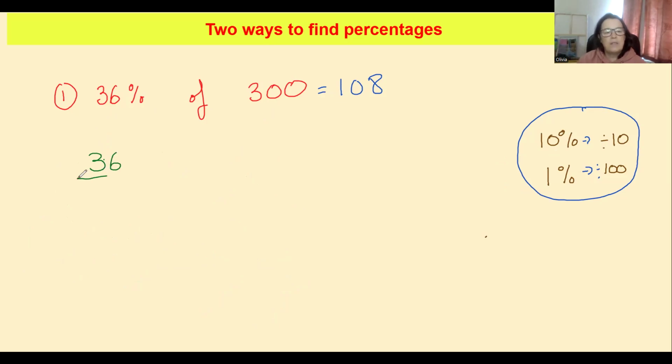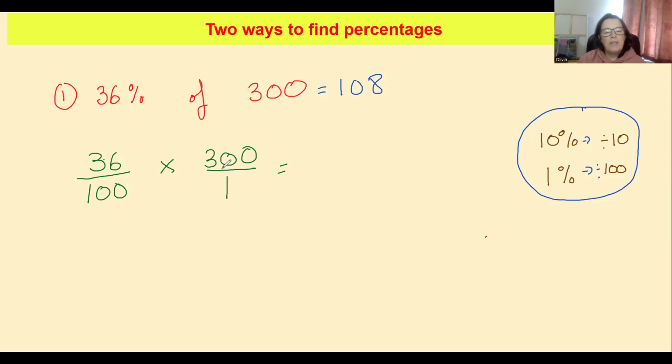It is 36 over 100. What does "of" mean? Well, it means multiply. That's really good if you remember that. Of means multiply. 300. When I multiply two fractions together, I prefer to turn this number into a fraction, and it avoids any unnecessary mistakes.